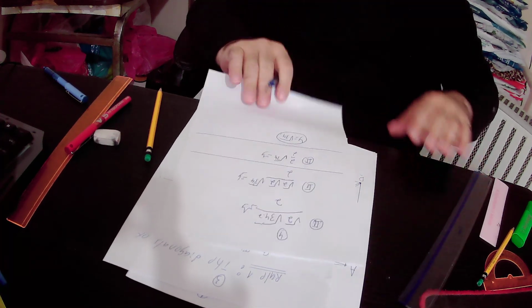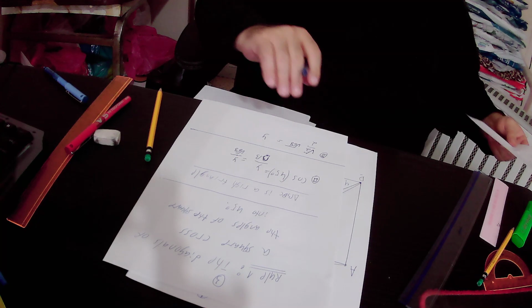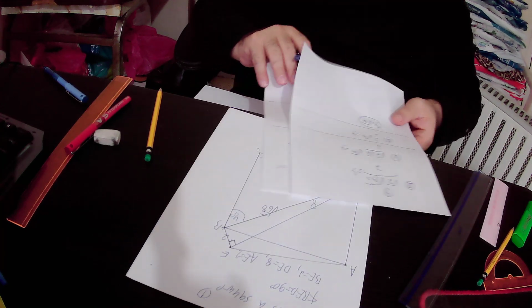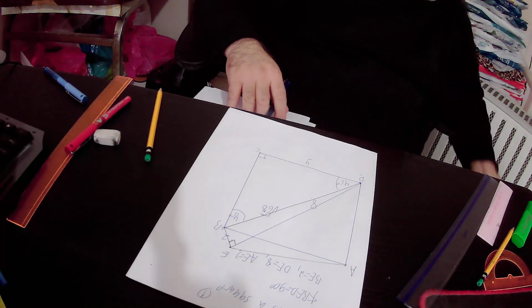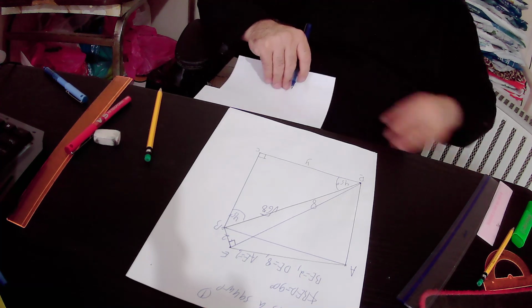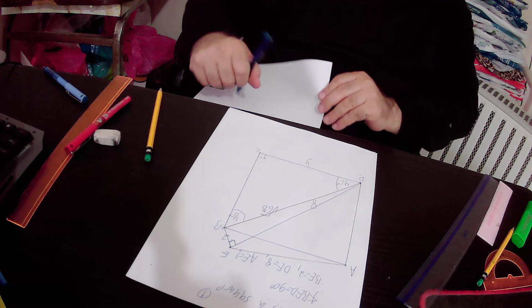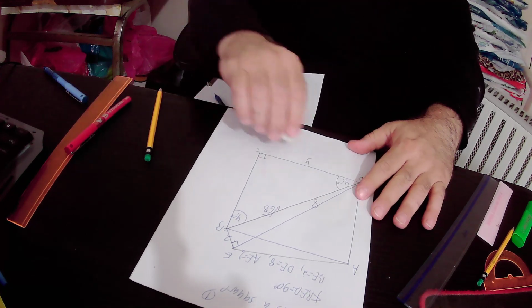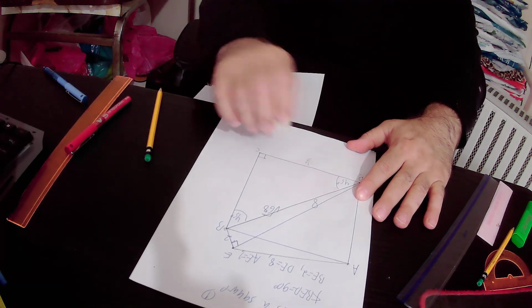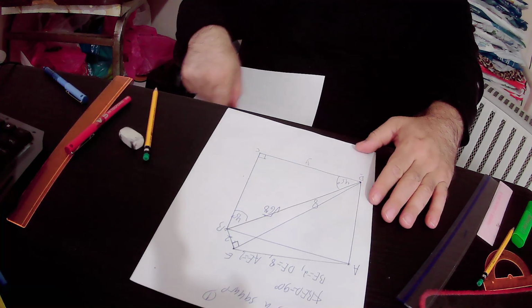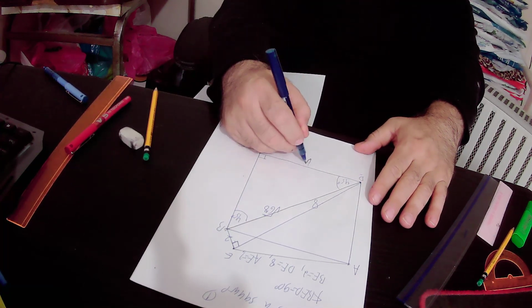So actually all the sides of a square are equal to each other, therefore all the sides of square ABCD will be equal to the root of 34 units. So side DC equals the root of 34 units.